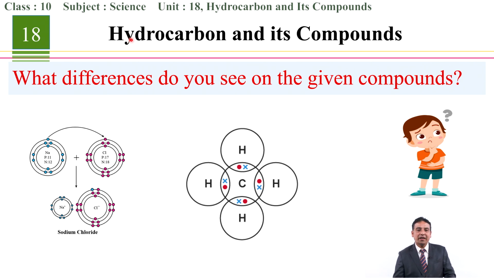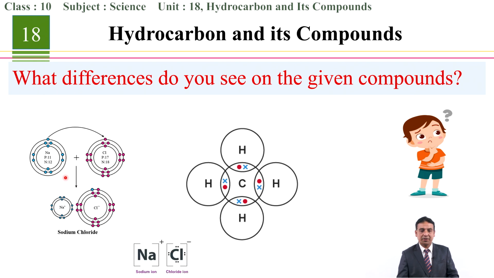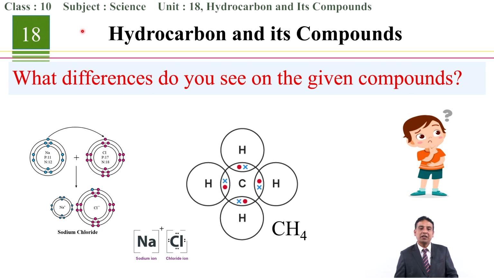In the first compound, the compound is formed by the transference of the electron present in the valence shell, which has been transferred to the valence shell of the chlorine from the sodium.